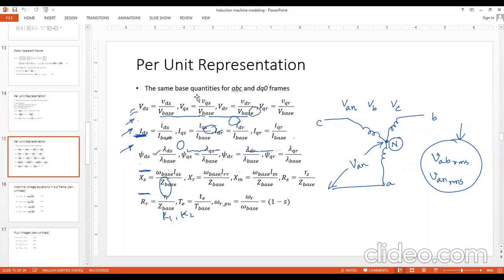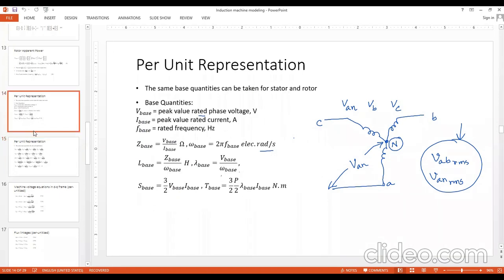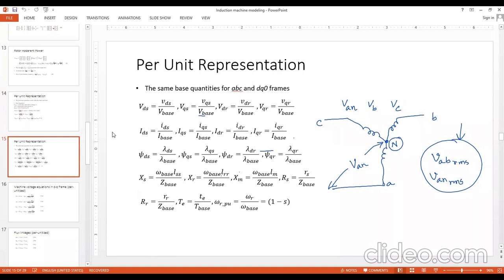And we continue with the per unit representation. So we have now VDS, VQS. So all these are now in the DQ frame. Okay. So now this one was in the ABC frame. So this was done in the ABC frame, VABC, IABC, SABC. So now in the DQ frame, what we do is simply use the VDS small, V small DS.